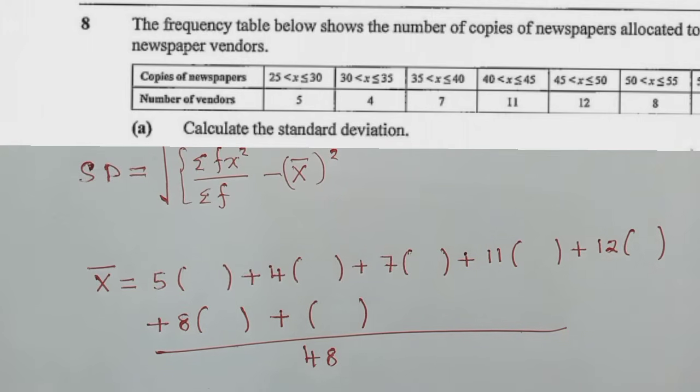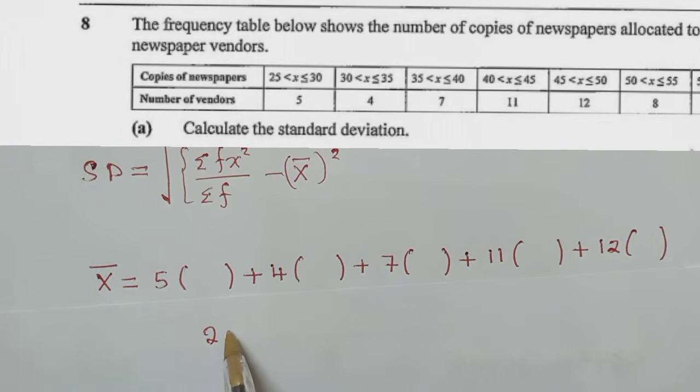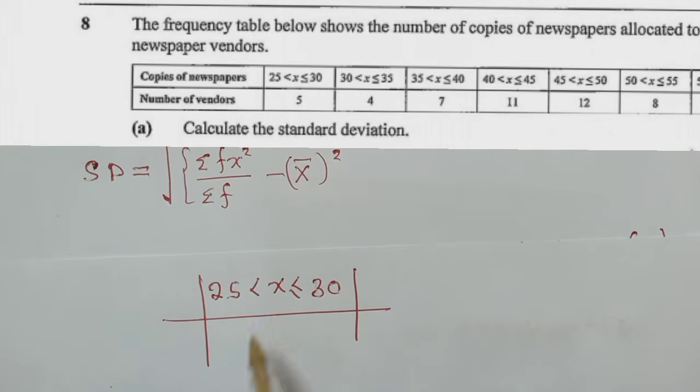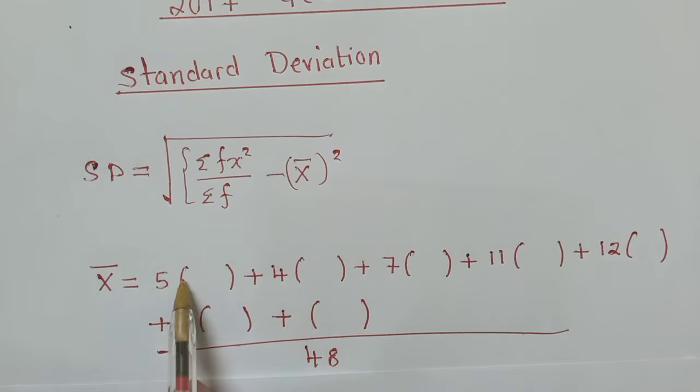The class interval there is 25 is less than x, less or equal to 30, and down here there is a 5.